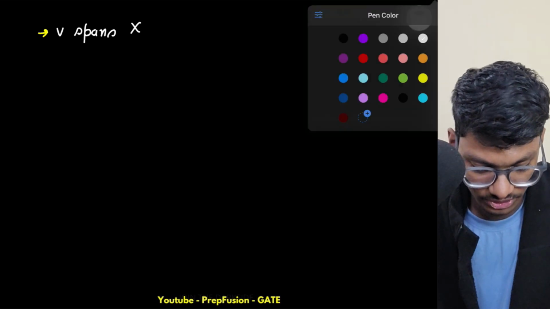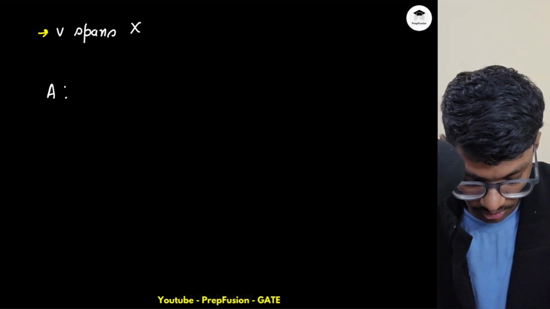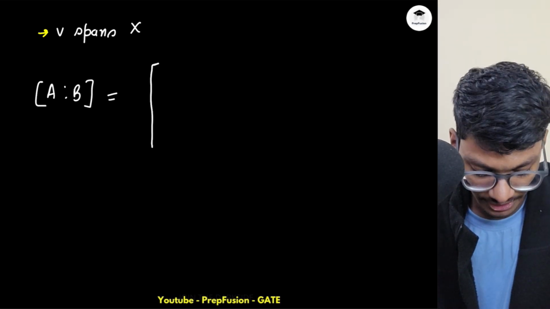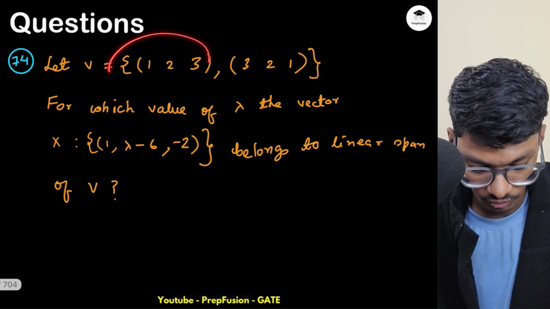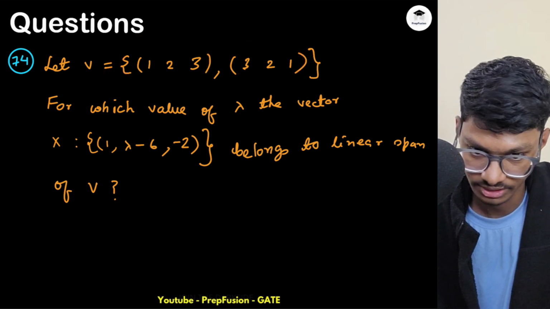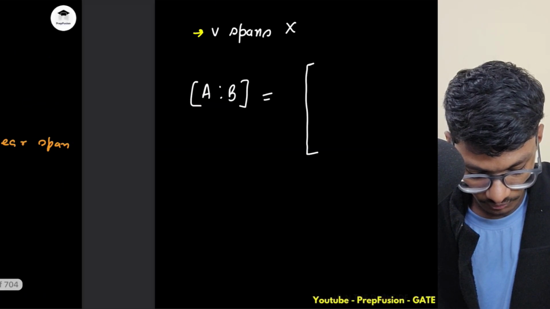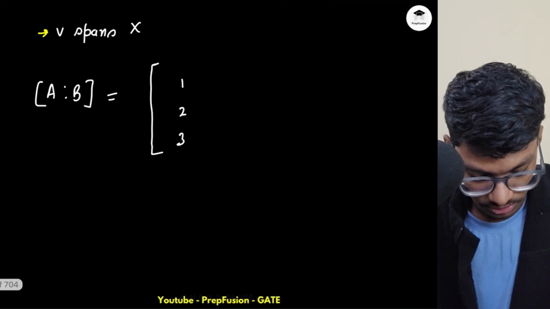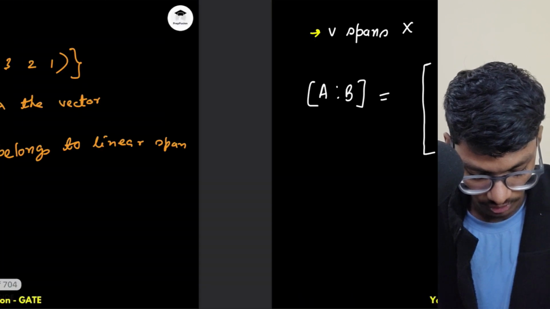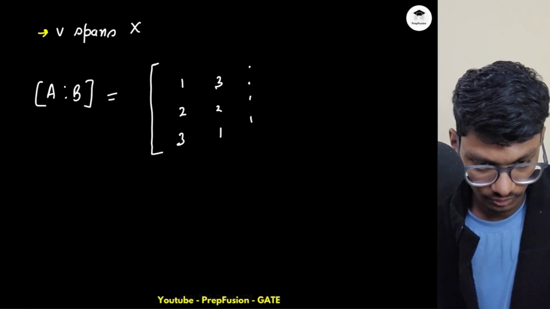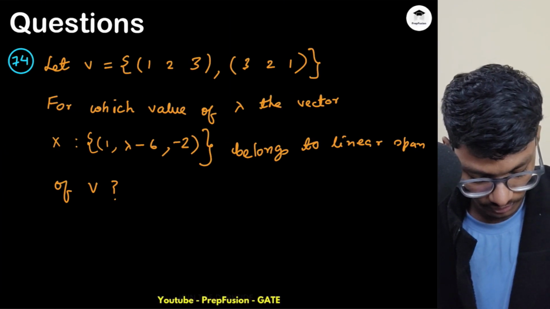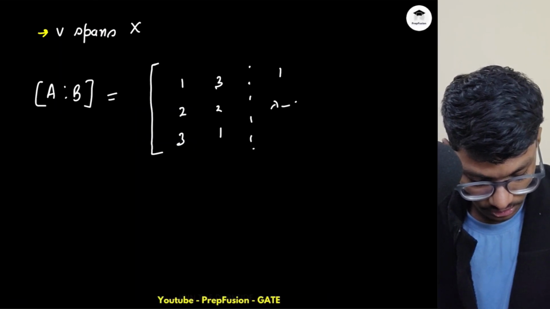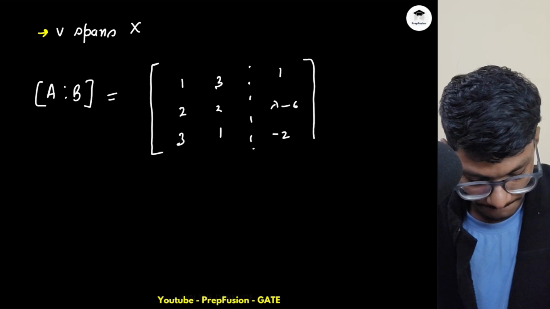So let me again use the same formula. I will directly write the matrix this time. I won't waste time. Once we know the concept, we have to write the matrix in column format, using these two vectors: 1, 2, 3 and 3, 2, 1. And what else do we have? We have 1, lambda, minus 6, minus 2.